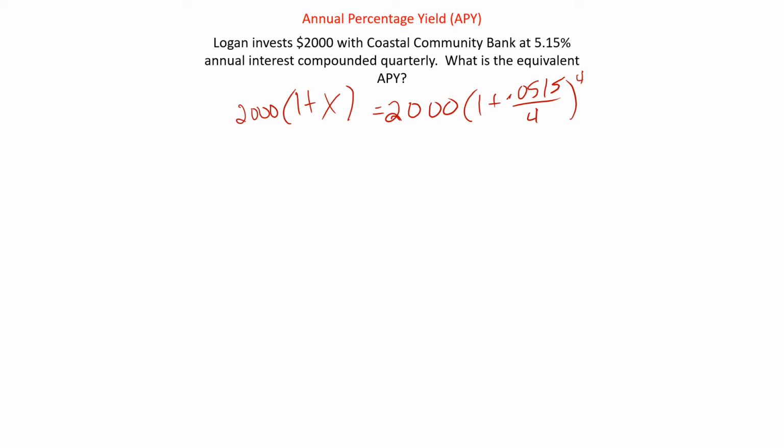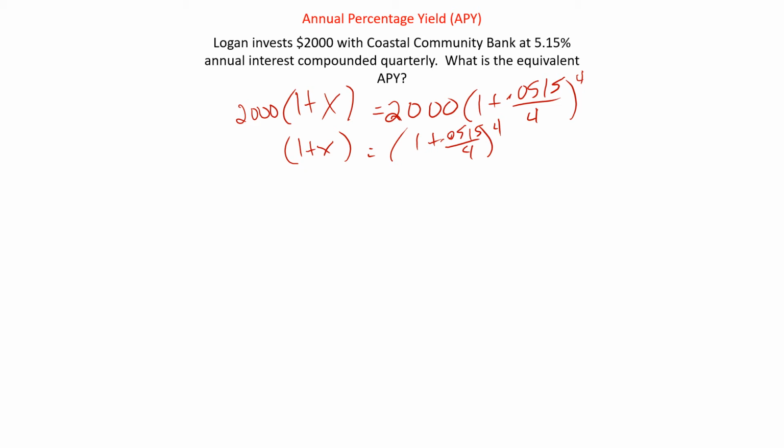To find this, the very first thing we would do is divide by the principal. The principal is the same in both cases, so we end up with just 1 plus x equals 1 plus 0.0515 over 4 to the 4th power. Something to notice here is that since the principal divided out right away, that actually has no impact on the problem.